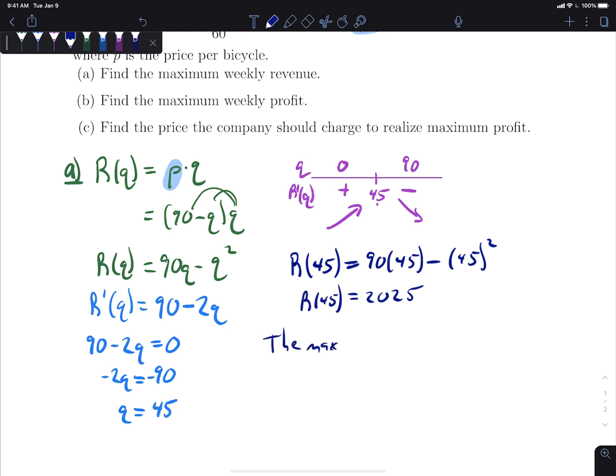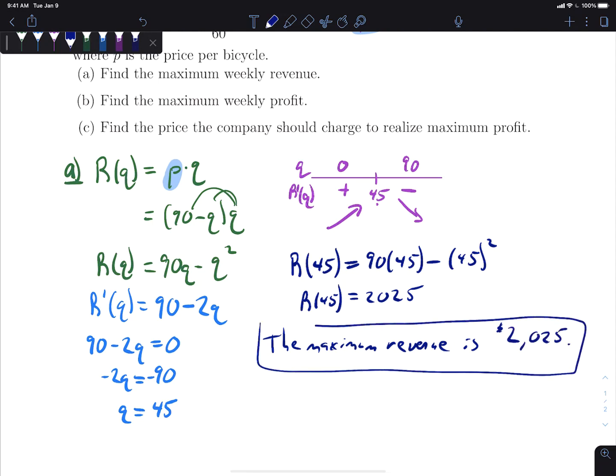So the maximum revenue is $2,025. And notice that the maximum revenue occurs when they produce 45 bikes in a week.